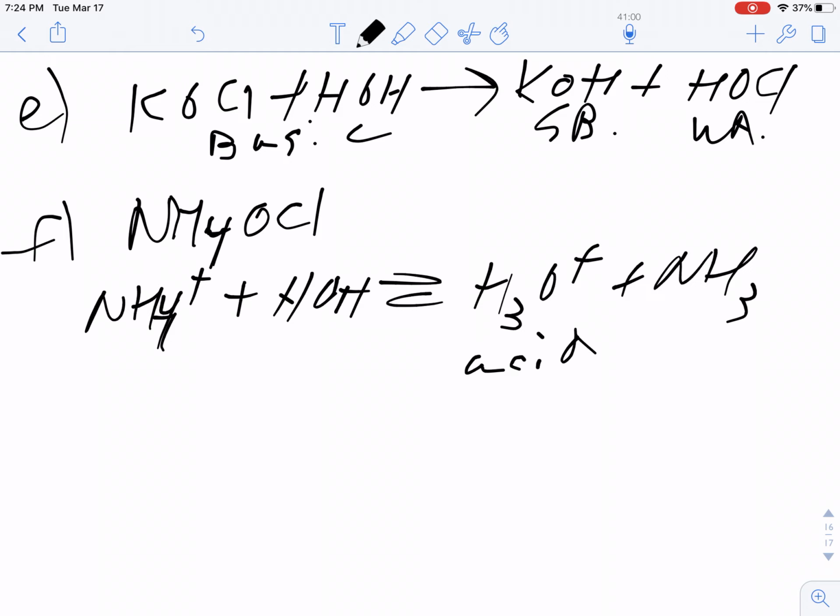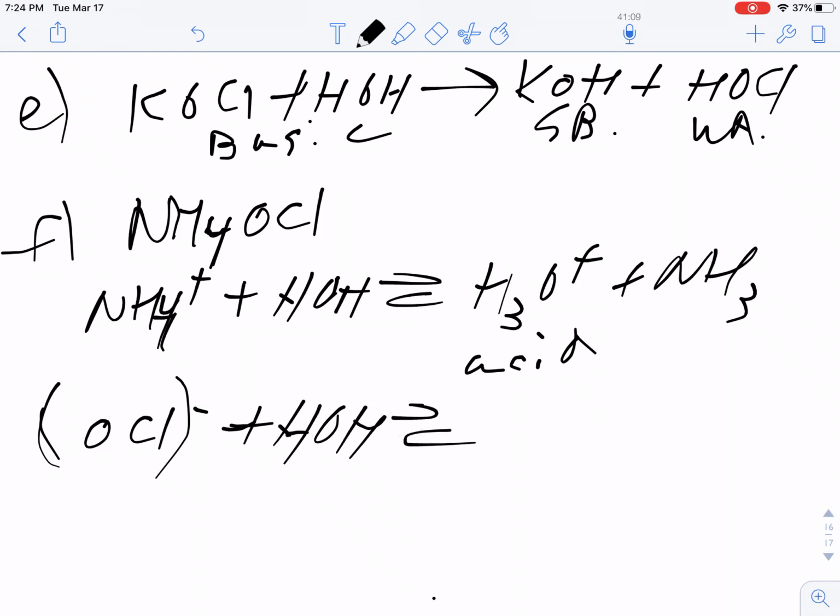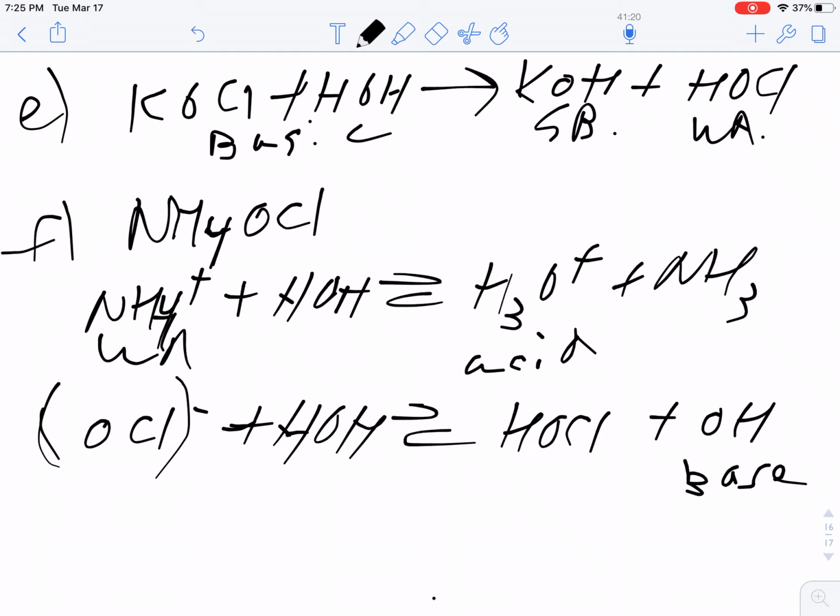This is an acid. The OCl minus is going to react with water, and that's going to generate HOCl plus OH minus. That's a base. So you cannot tell whether the solution is going to be acidic or basic because here you've got a weak acid, here you've got a weak base.